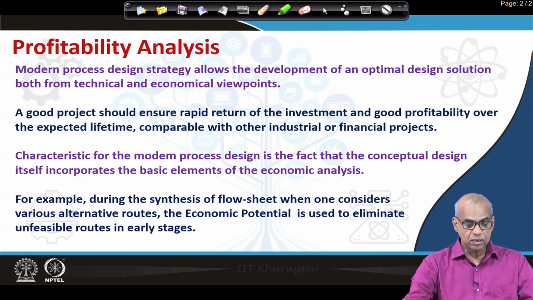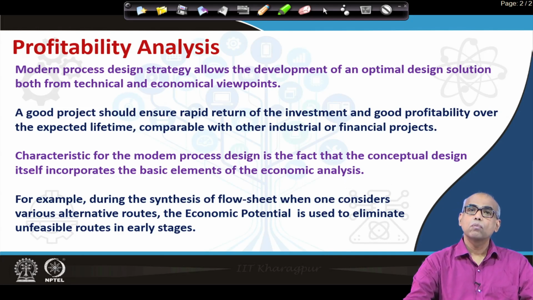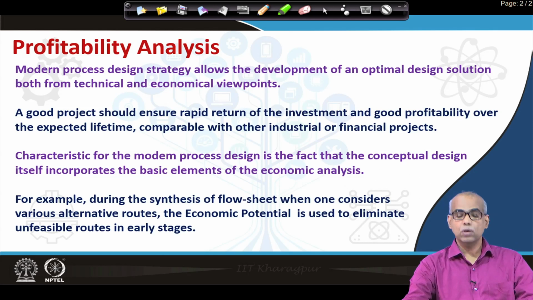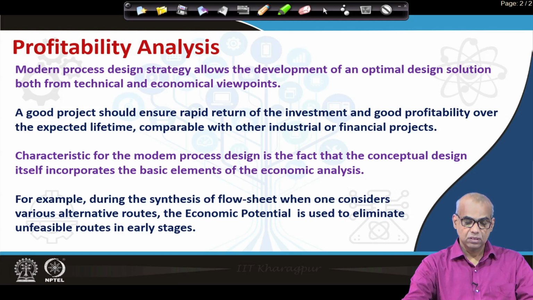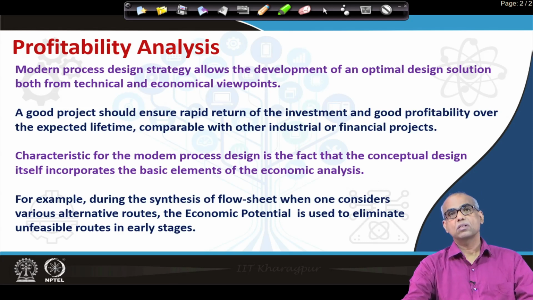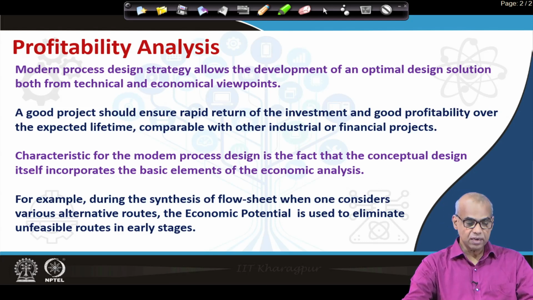You come up with various alternative routes for a particular step or a particular process. At this stage itself, you keep in mind the economic potential of such routes, so that you can eliminate the unfeasible routes as soon as possible.